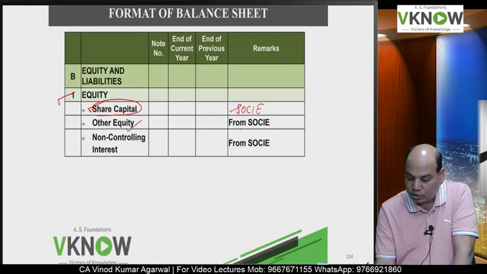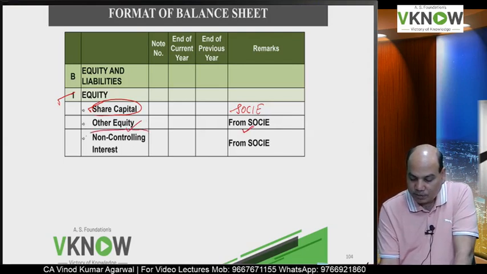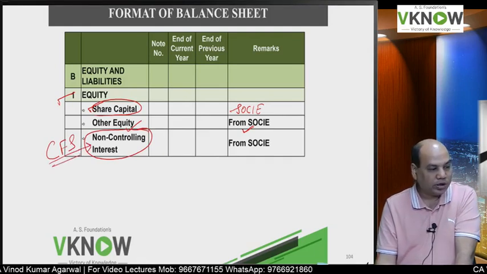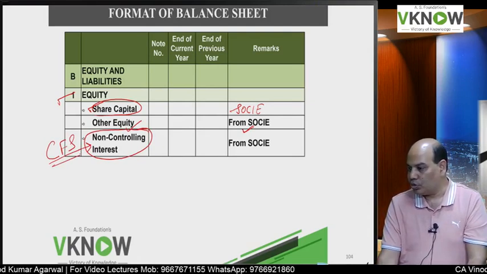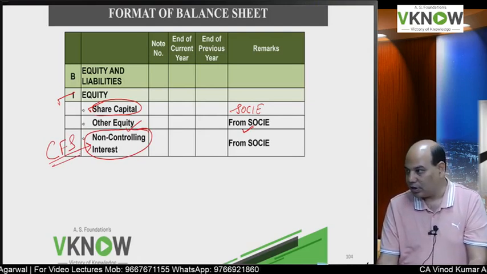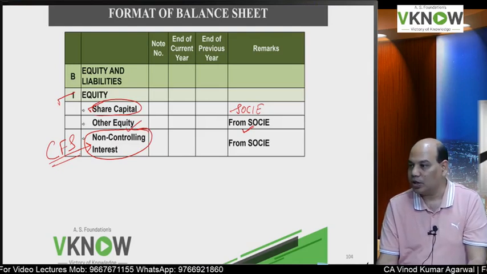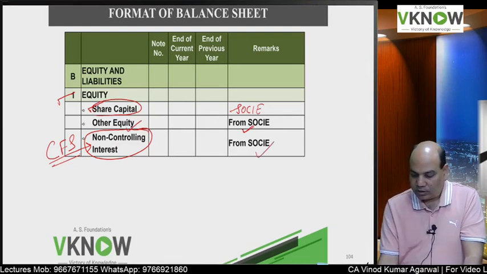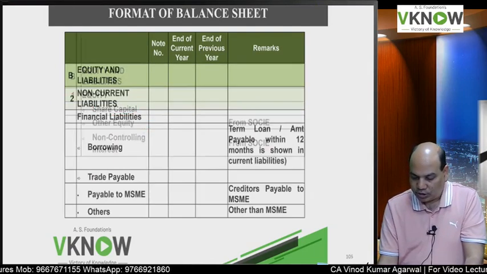For other equity also we'll prepare one SOCE. Then if you are preparing CFS, consolidated financial statements, then non-controlling interest, which you know as minority interest, will also come under this heading, equity, because they are also equity shareholders of the subsidiary company. Is it right? So we'll prepare one note in SOCE.